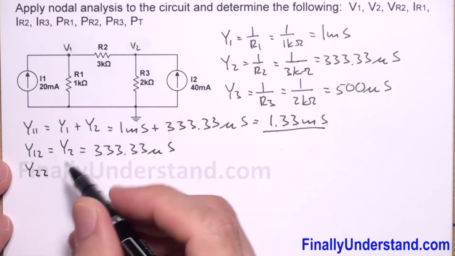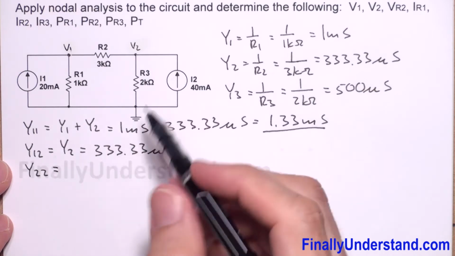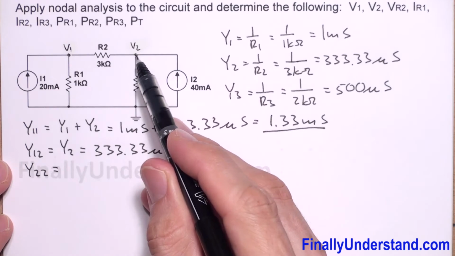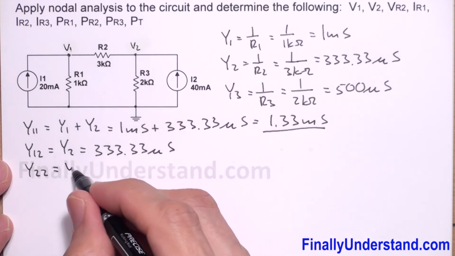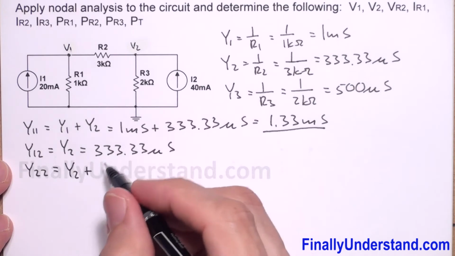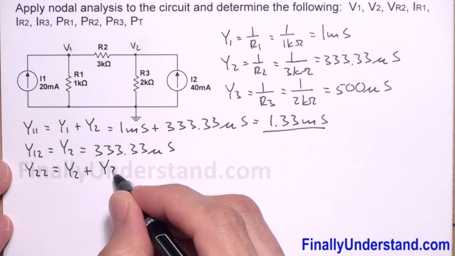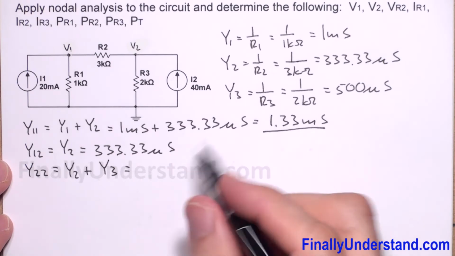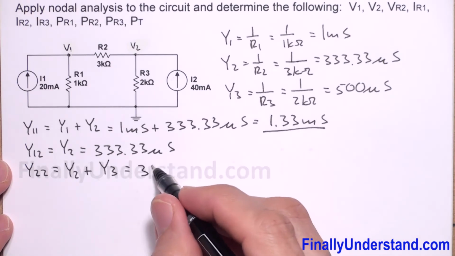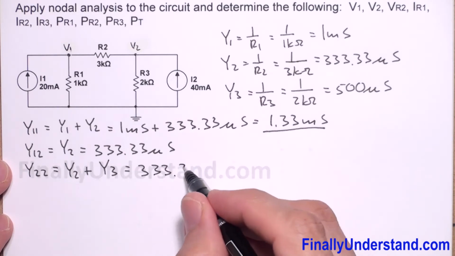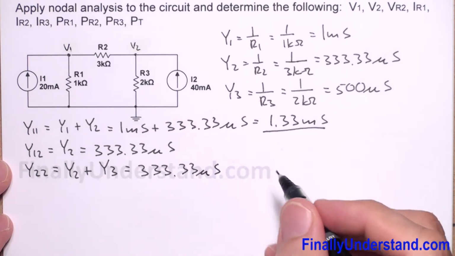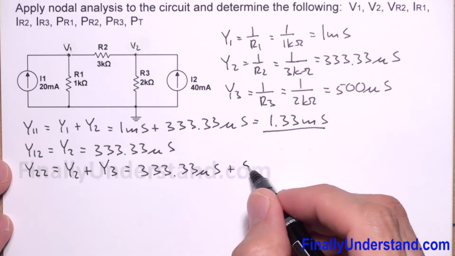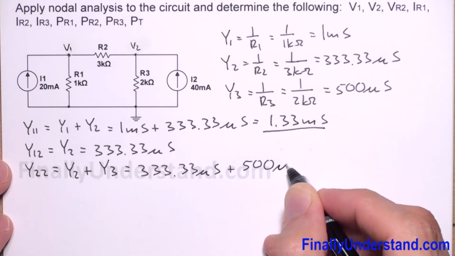Next, we're supposed to find Y22. Y22 is the sum of admittances connected to node 2. So I have Y2 plus Y3, where Y2 is equal to 333.33 microsiemens plus Y3, which is equal to 500 microsiemens.